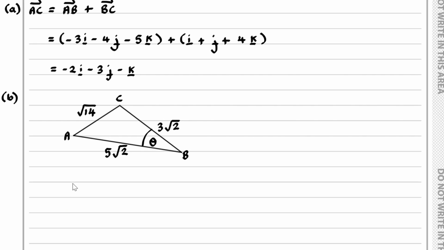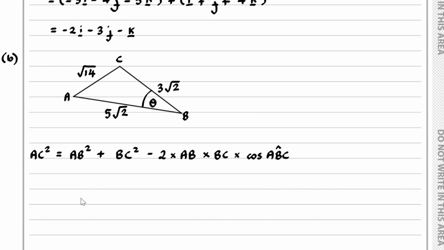So, using the cosine rule, we've got AC squared, which is equal to AB squared plus BC squared minus 2 lots of AB times by BC times by the cosine of the angle ABC.